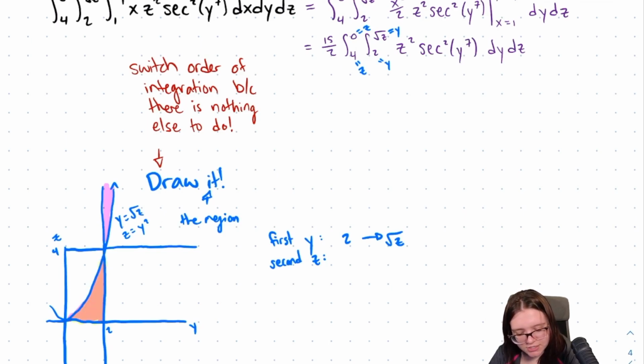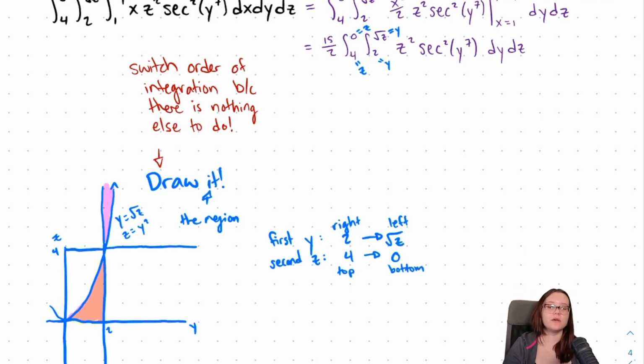So we went right to left. We want to keep track of that when we're figuring out our new limits of integration. And then let's figure out z. Z started at 4 and went to 0. And 4 is on the top and 0 is on the bottom. So we went top to bottom.